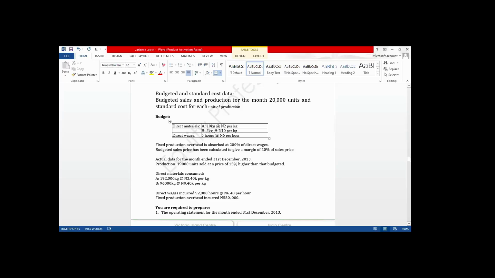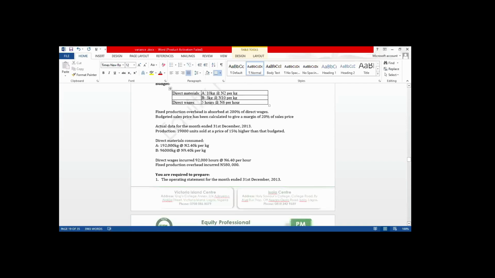Direct wages incurred, 92,000 hours at 6.40. Fixed production overhead incurred. Requirement A: you are required to prepare the operating statements for the month ended 31st December.